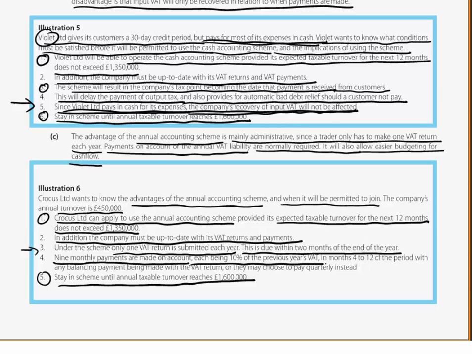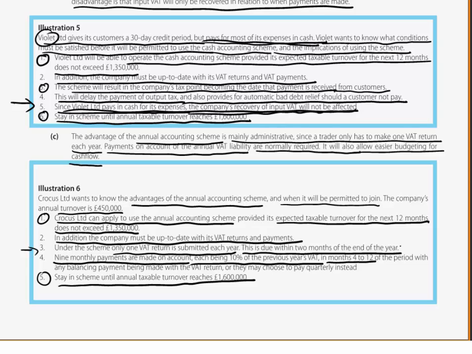Each being 10% of the previous year's VAT, and those payments are made in months 4 to 12. Now you may be thinking, hang on a minute, each being 10%, 9 times 10 is only 90%. Why 90%?